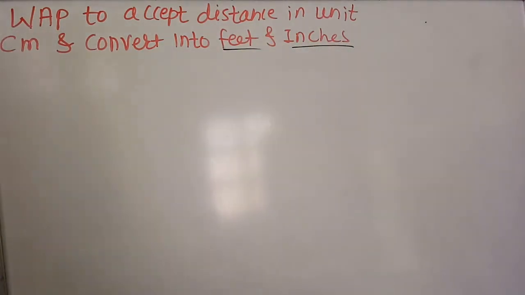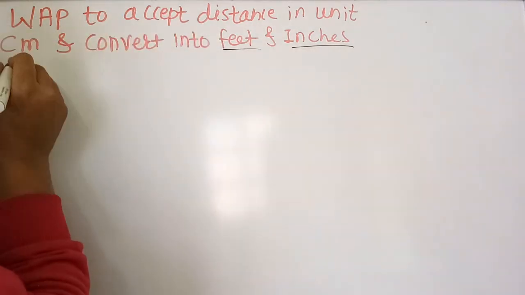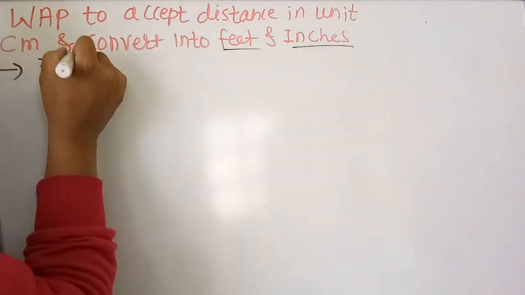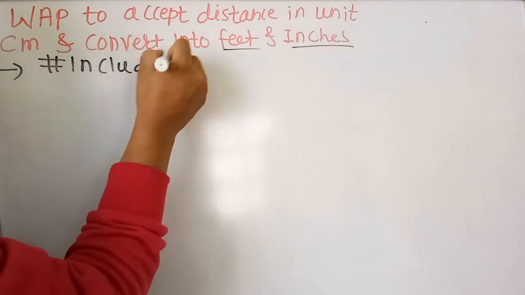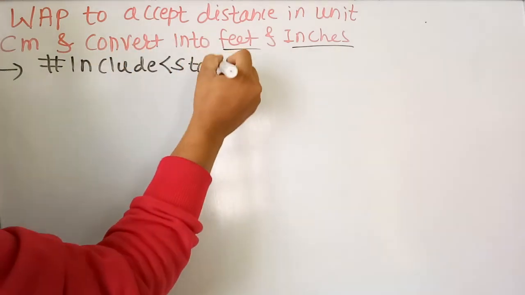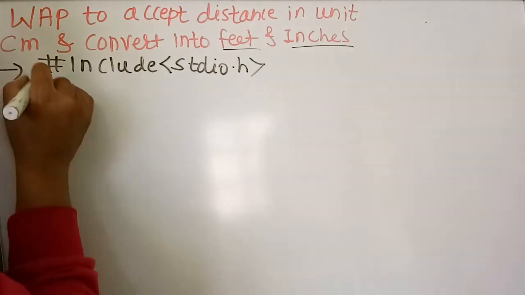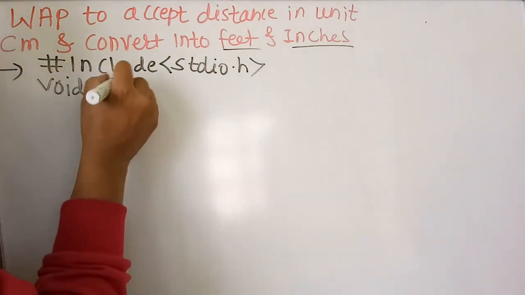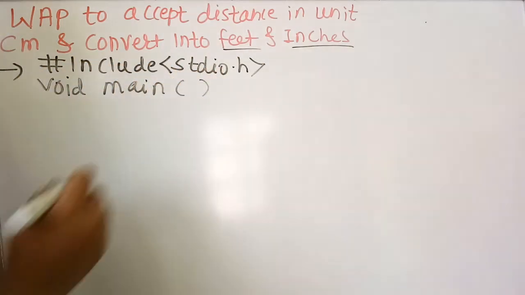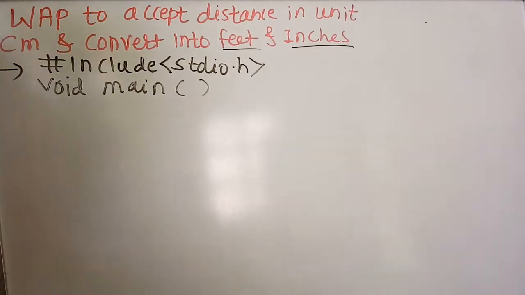So for that we will declare another two variables for storing these values. Now we will start with the header file, that is #include <stdio.h>. Then we will write the main function, that is void main.